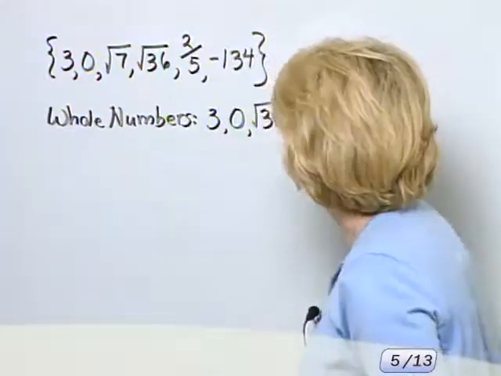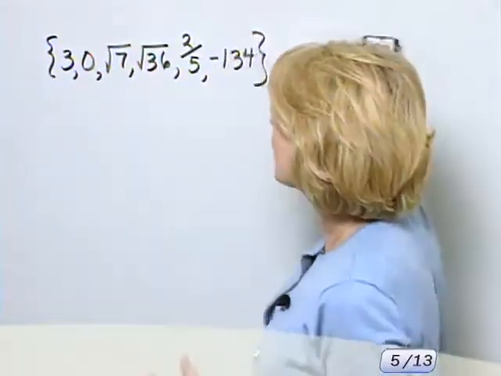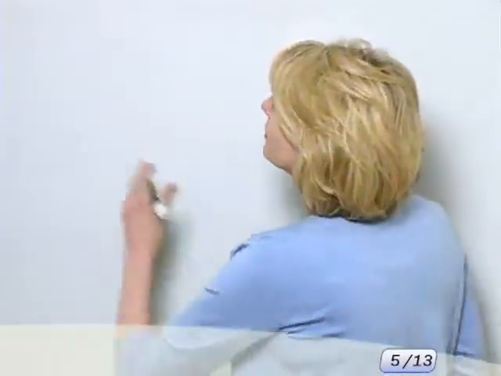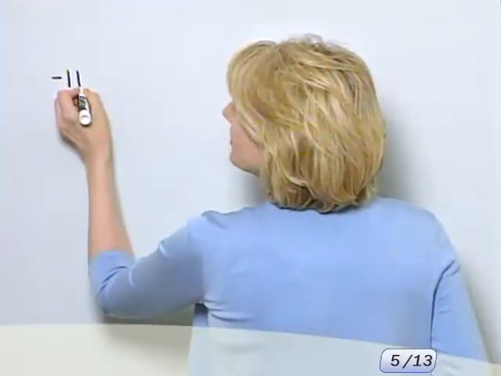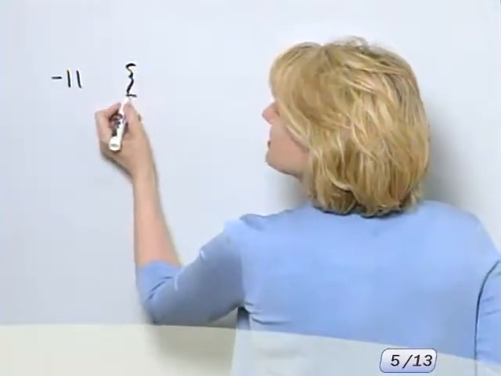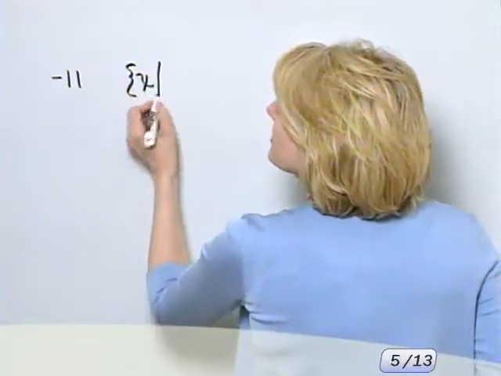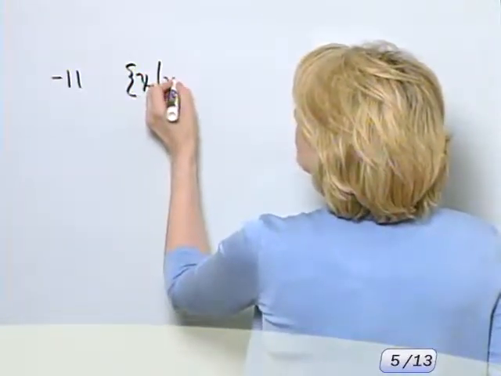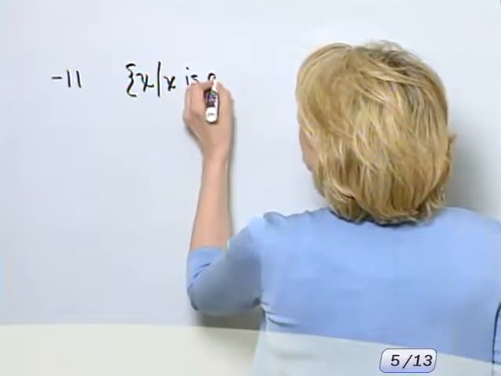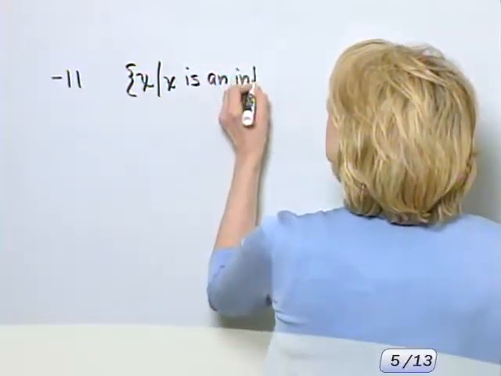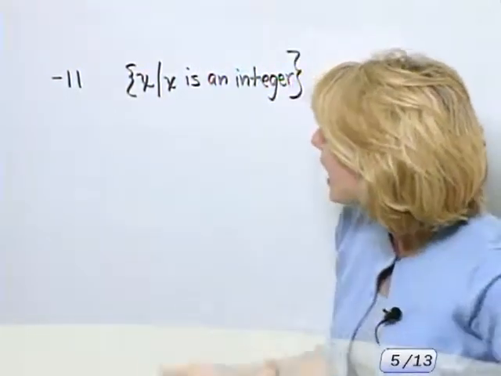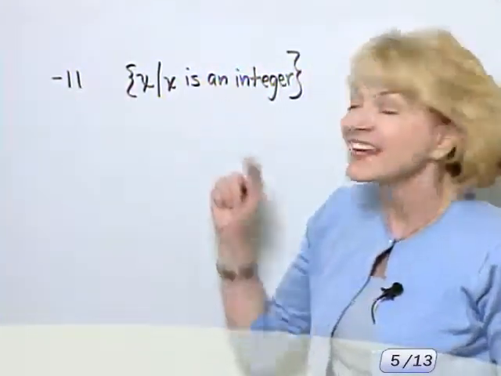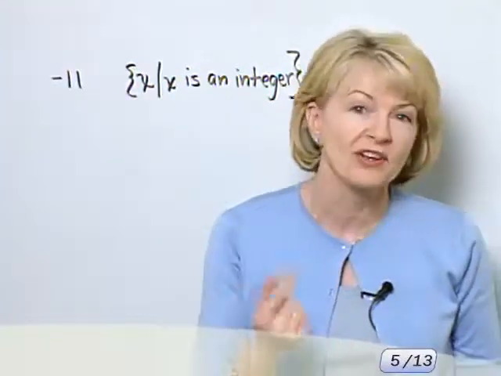Now let's look at the use of the element symbol. For example, here I have the number negative 11. And then here I have the set of all numbers x such that x is an integer. I want to know, is this an element of this set or is it not?